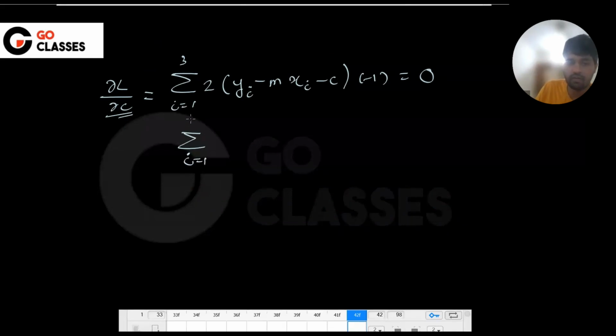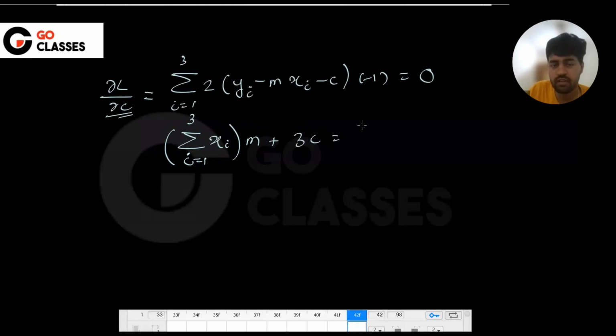Summation i goes from 1 to 3 of xi m plus, again, it will be 3c. Right? It will be 3c, is equal to summation i goes from 1 to 3 of yi.